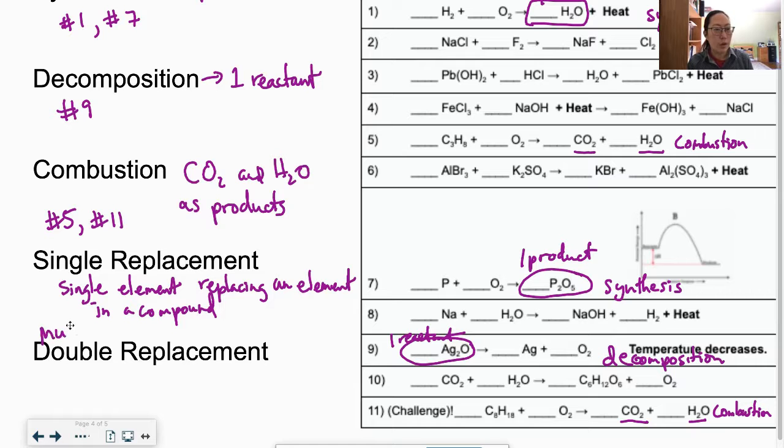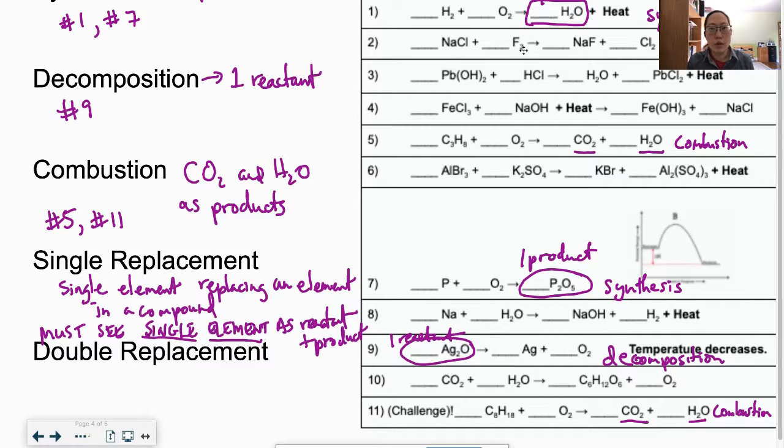So you're going to have to see single elements as a reactant and a product. All right, so if we look through here, we've got to see these single elements, that's why it's called single replacement, on the left and the right.